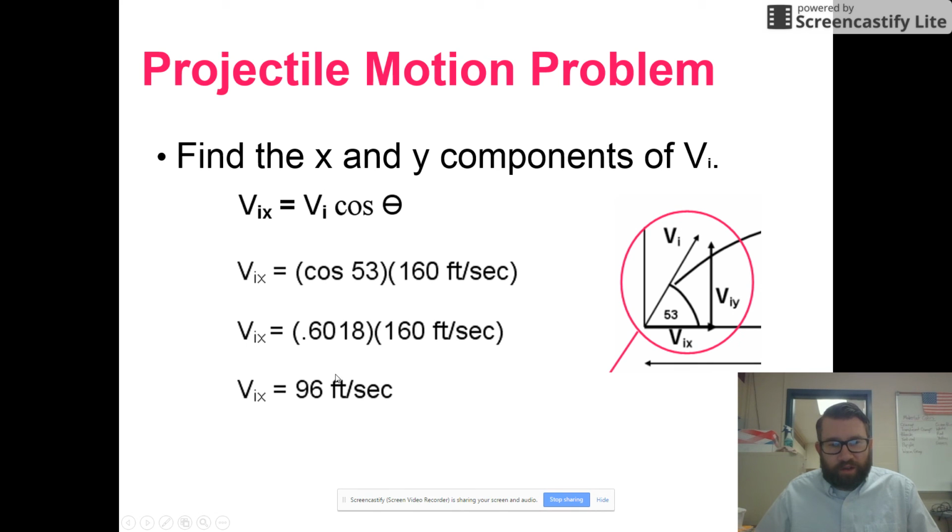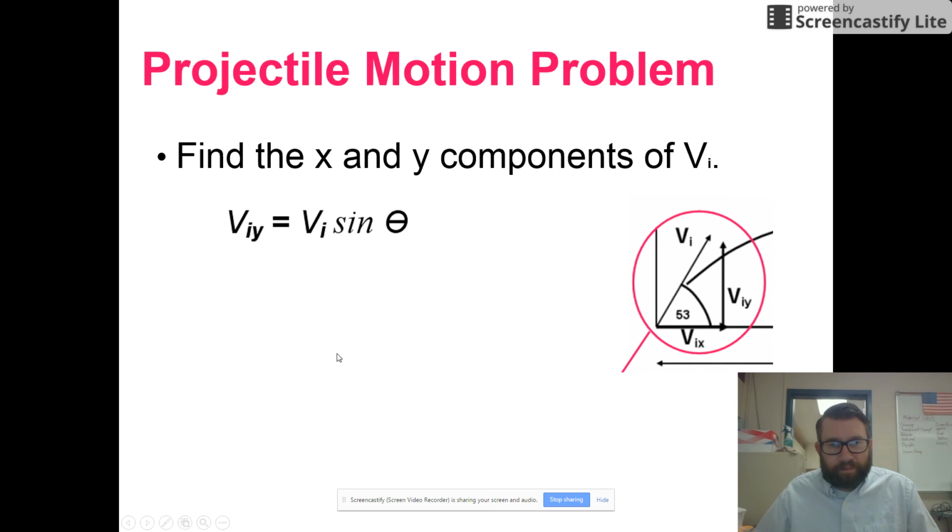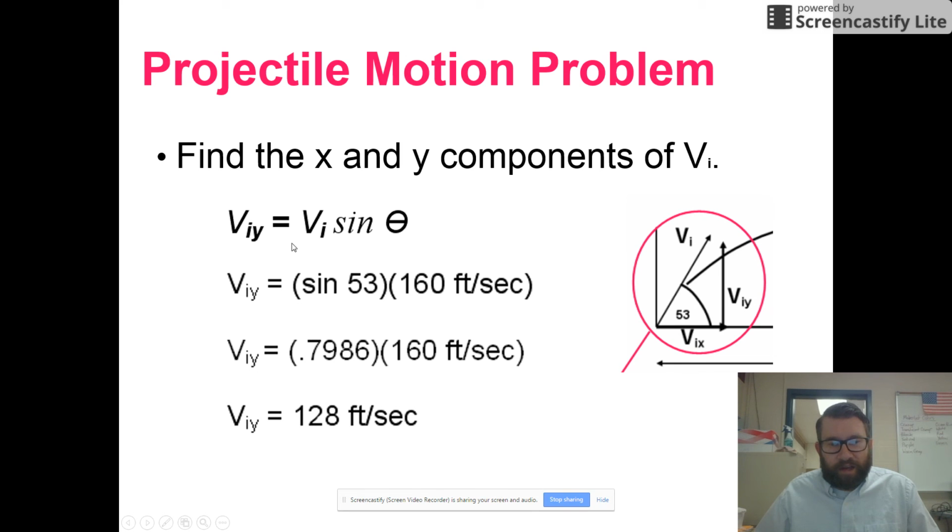Therefore, if we do the calculations, VIX equals 96 feet per second. VIY equals VI sine of theta. And if we do the calculations, VIY equals 128 feet per second. So we'll finish this projectile motion problem in class. Thanks.